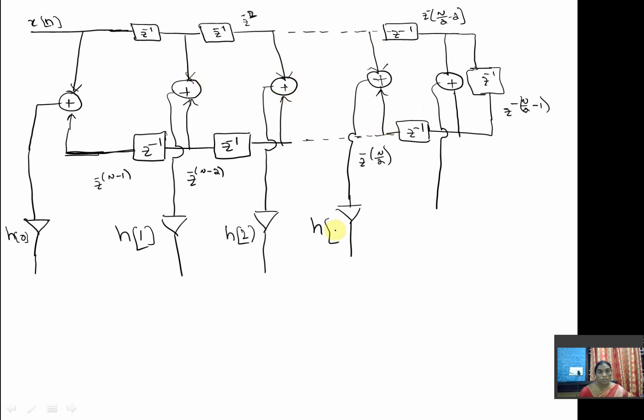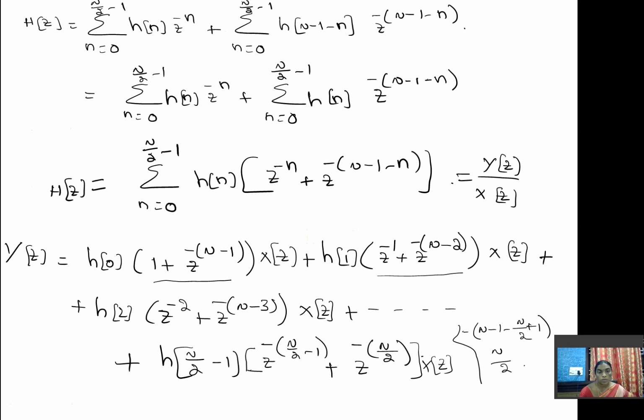This is nothing but h of n by 2 minus 1, and the previous term is nothing but h of n by 2 minus 2, right?